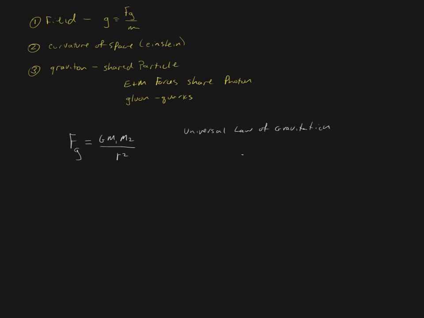Okay, and this is known as Newton's universal law of gravitation. But we're not going to look at this as a law the way we've defined laws in class. It's a law in the sense that it will accurately predict the size of a force between two interacting bodies to create this gravitational force. But in terms of larger contexts, it doesn't apply as a law.